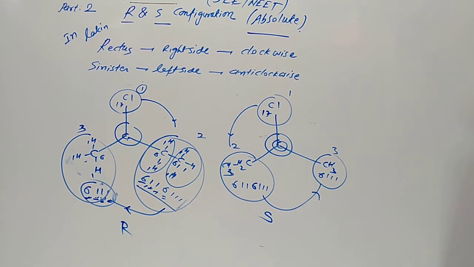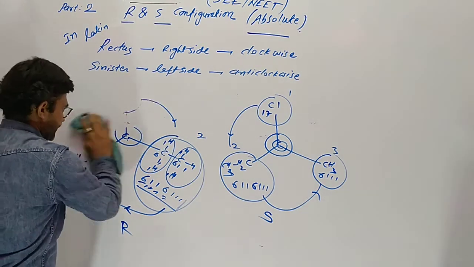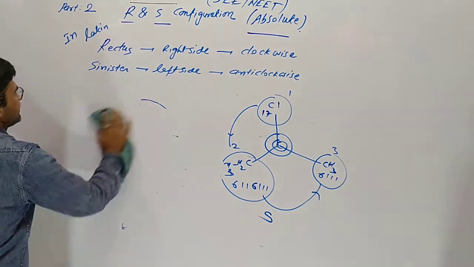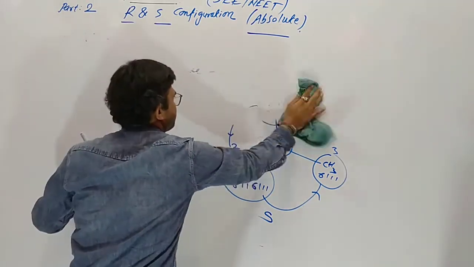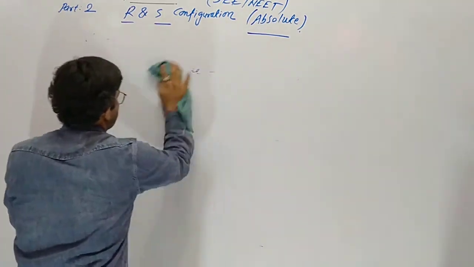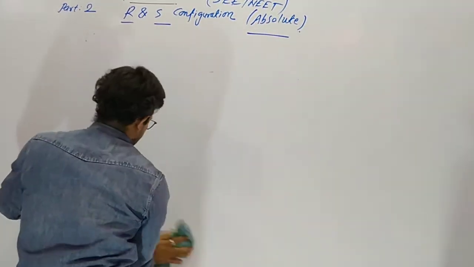Now, first we will discuss the 3-dimensional structure. Find out the configuration R and S in the given structure. So, first of all, I am giving you a 3-dimensional structure.